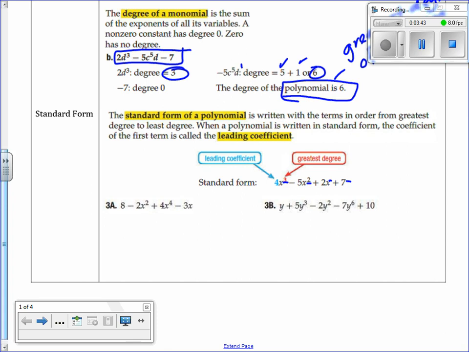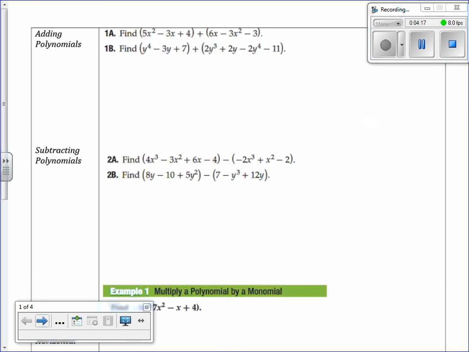So if I'm looking at this first one here at 3a, I would rewrite it in standard form as 4x to the fourth minus 2x squared minus 3x. See how basically the exponent of my x values is going down. And then finally plus 8. Go ahead and, for this next expression, please write that in standard form. We'll look at it in the next class.